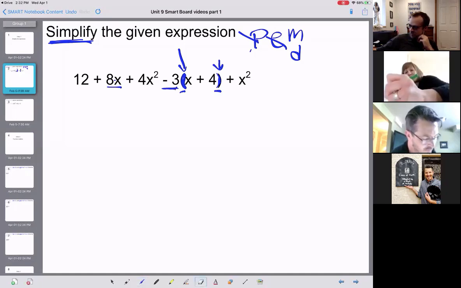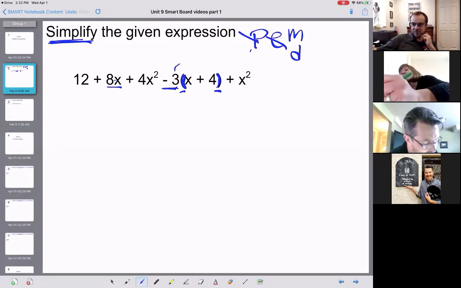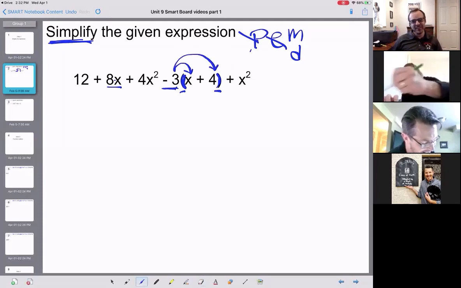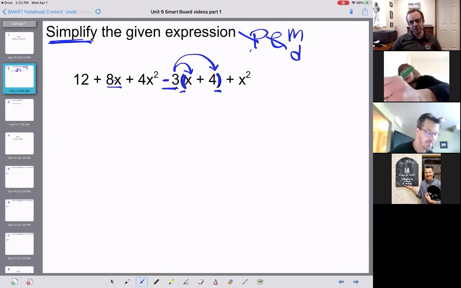A lot of us might be thinking we're going to distribute 3 times x and 3 times 4. I'm drawing my arc from 3 to x and from 3 to 4. But we would need to be more precise. This is not a positive 3, this is a negative 3, which is why I am putting a box around it.